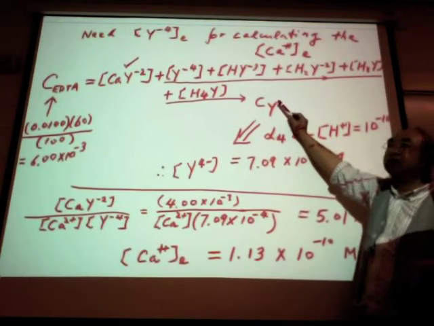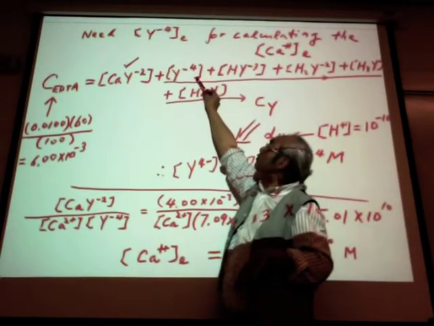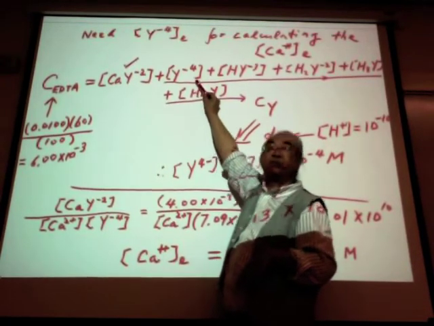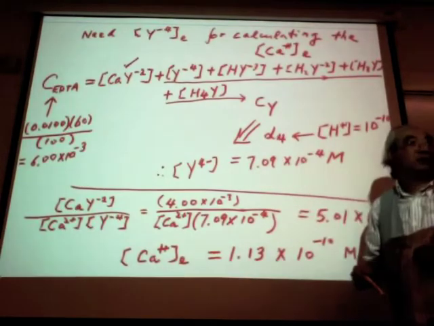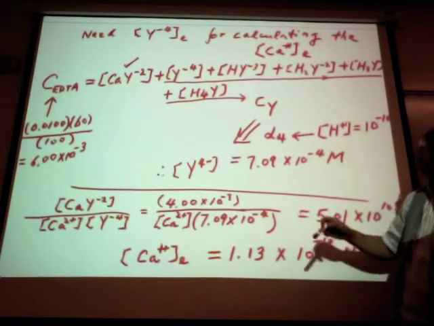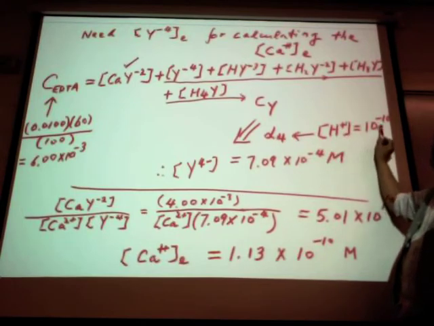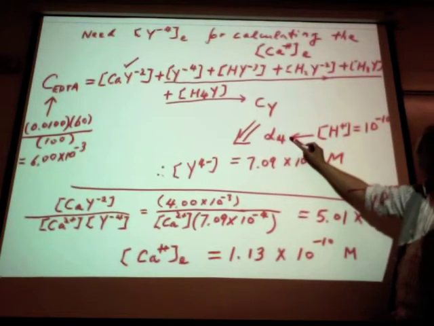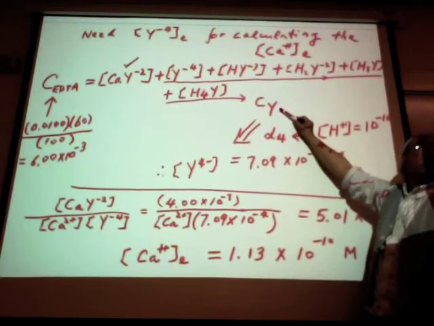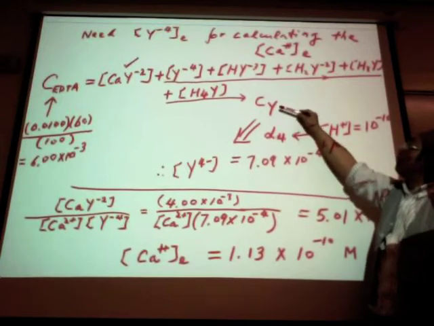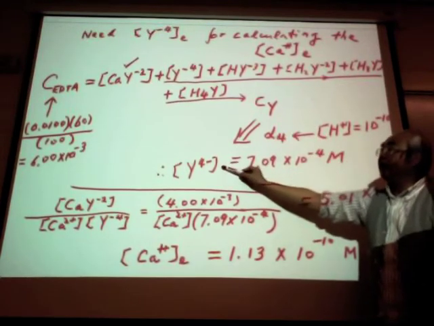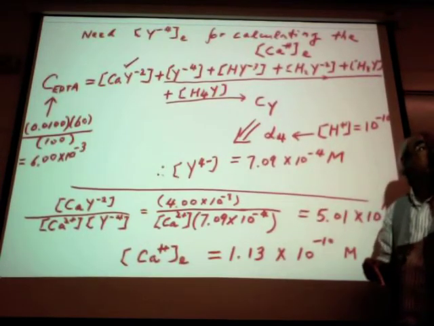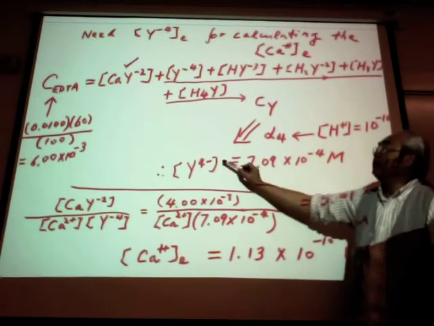The fraction of this total that belongs to Y4 minus is one species at equilibrium. So alpha 4, the previous one, at pH 10, 10 to the minus 10, again you get the alpha 4, and this is a numerical value. So the two multiplied by each other give you a quantity of Y4 minus at equilibrium. Bingo, right? So you get this quantity.